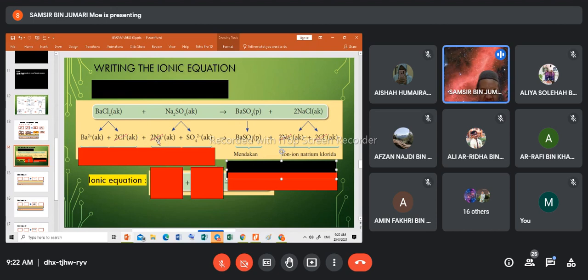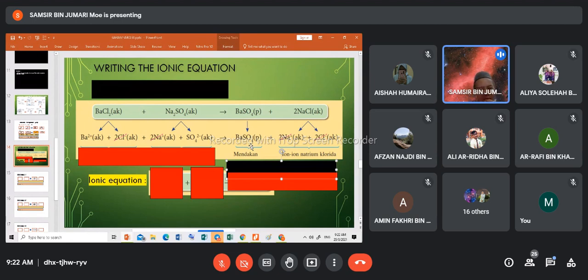So the sodium ion is still in aqueous solution, freely moving ion, so you just cancel the ion. So barium ion and sulfate ion are now conjugated to form the precipitate of barium sulfate. They are not freely moving ions anymore.